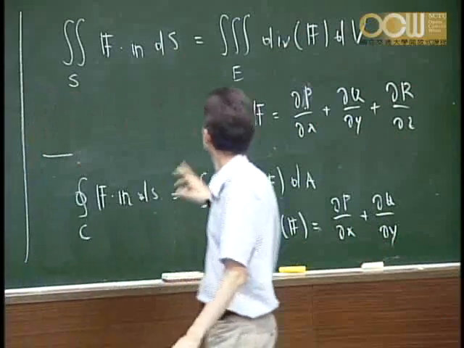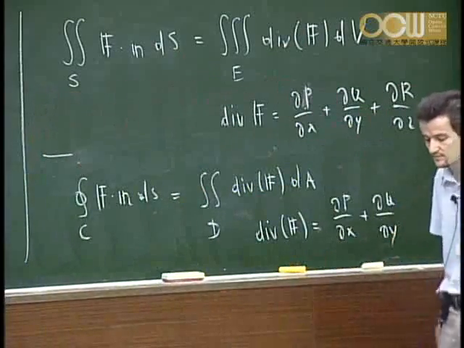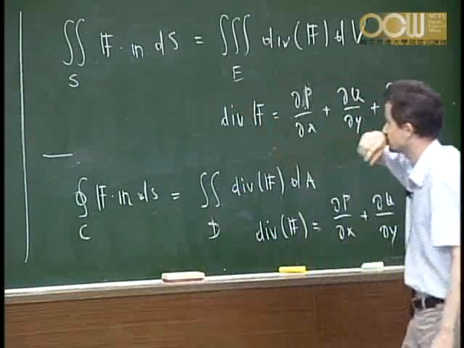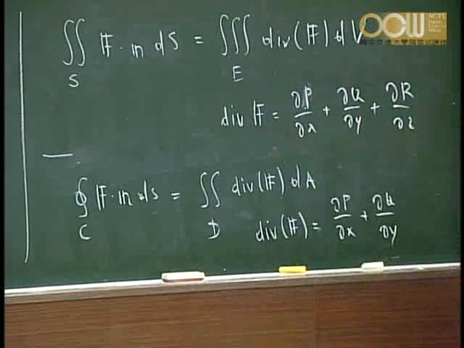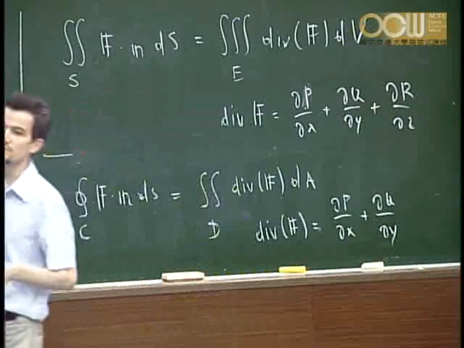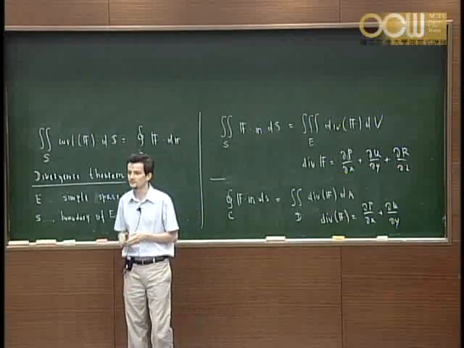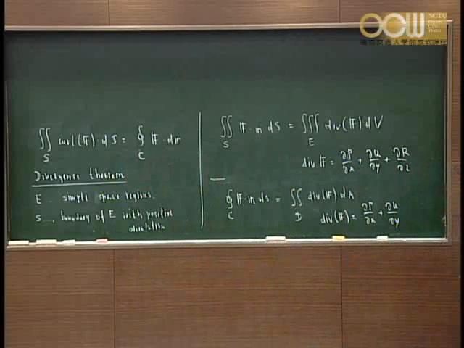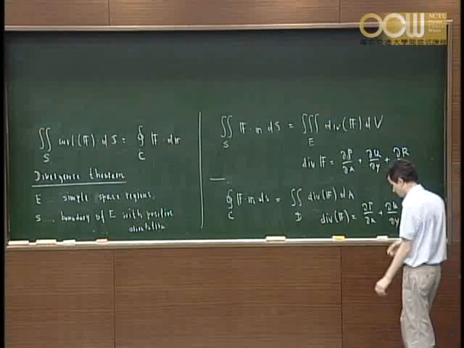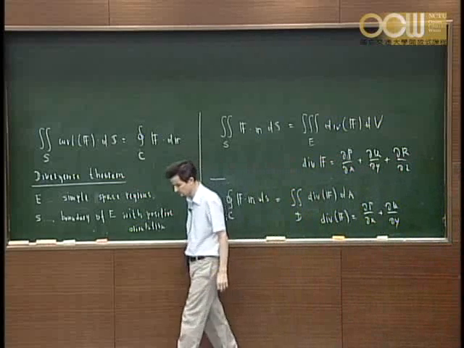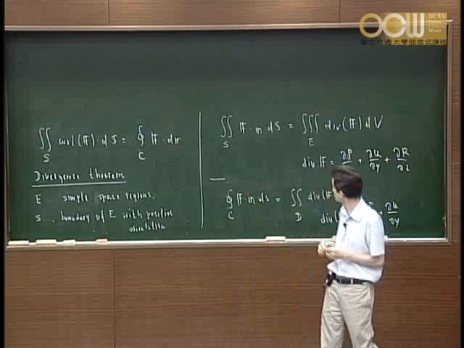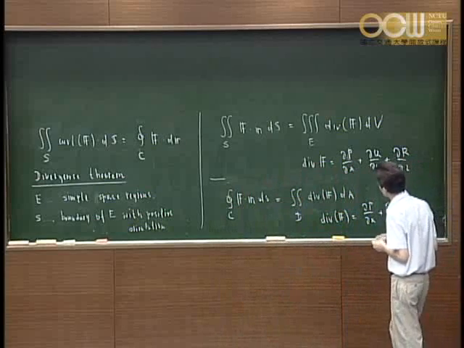So you see, as Green's theorem can be interpreted as a version of the fundamental theorem of calculus for double integrals, this can be interpreted as a version of the fundamental theorem of calculus for triple integrals, and this is a version of the fundamental theorem of calculus for surface integrals. Just to summarize, you have seen these results, I guess, in classes on physics and engineering: Green's theorem, Stokes' theorem, and the divergence theorem.